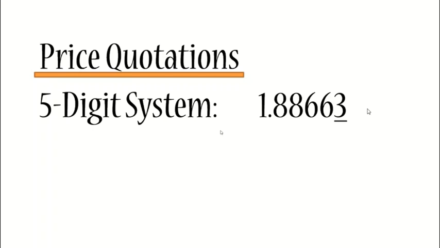We talked about pips on the previous one. In this case, the pips are now on the 5th digit. On the previous tutorial, we were talking about a 4-digit system where your pips was at the last digit, which was the 4th digit of the 4-digit quotation system.